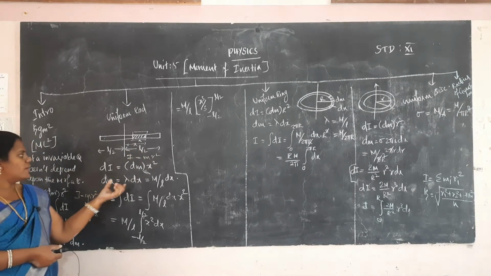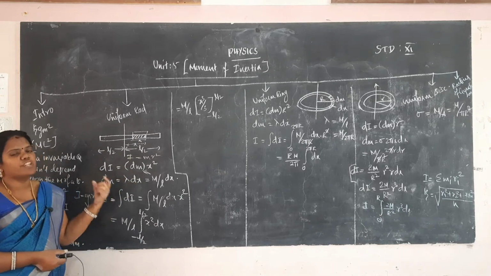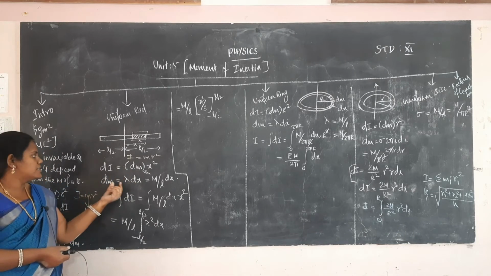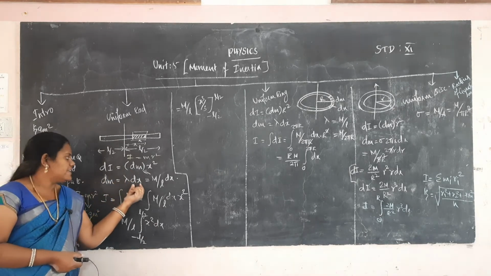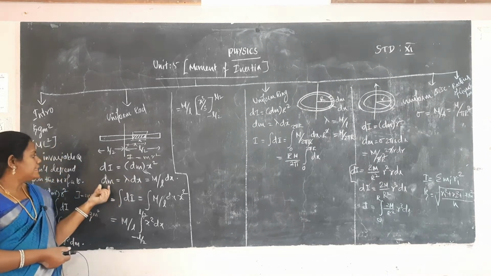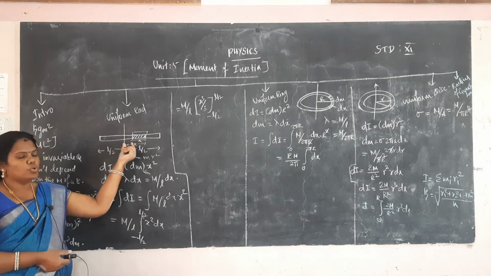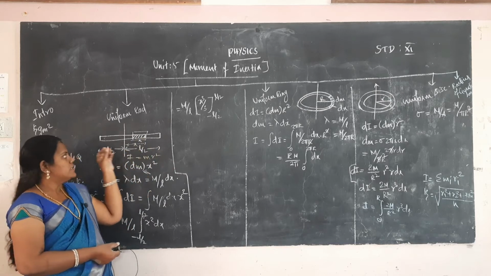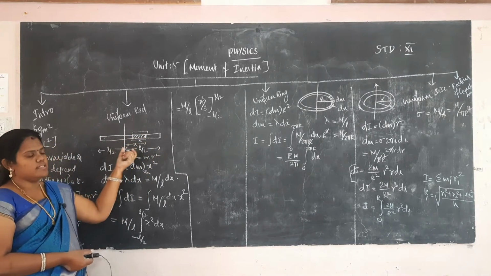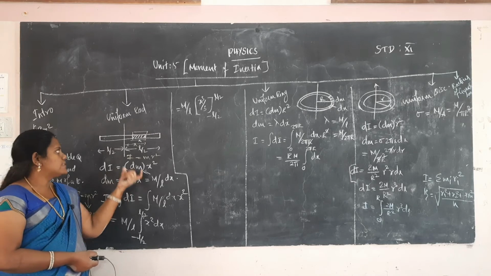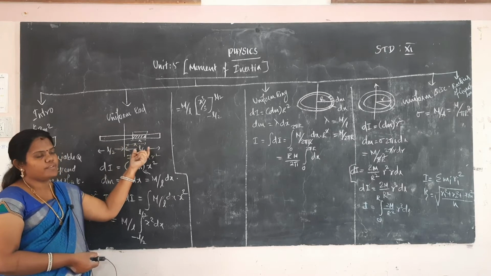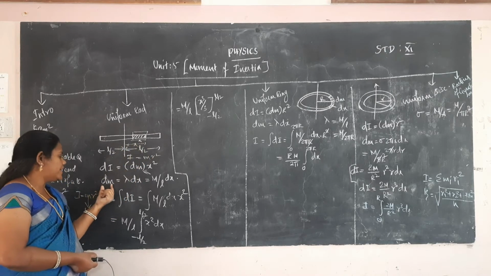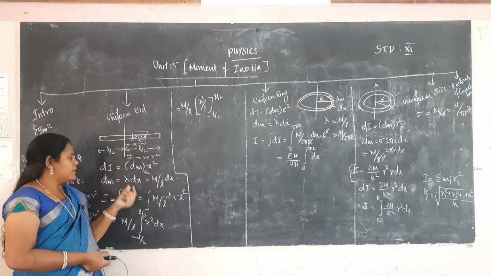Then we want to calculate the dm value. dm is an infinitesimally small mass, so dm is equal to lambda into dx. How to derive that? dm is a small mass, and the rod has some density, the linear mass density, multiplied by the small distance along the rod.